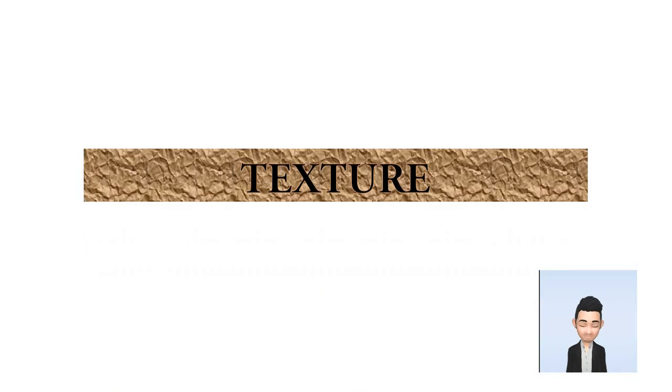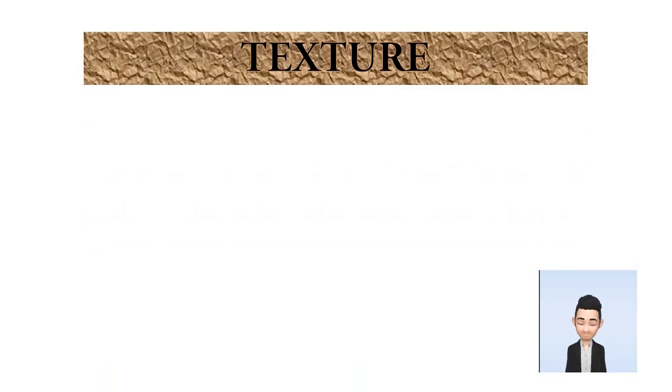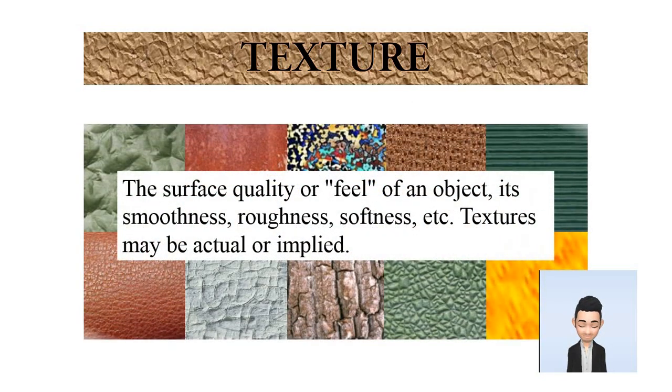Now, let's talk about our last element of art for today, and that is texture. So what is texture? It's how something feels or appears to feel. Now, there are two categories of texture. First is actual texture, and that's texture you can actually feel.